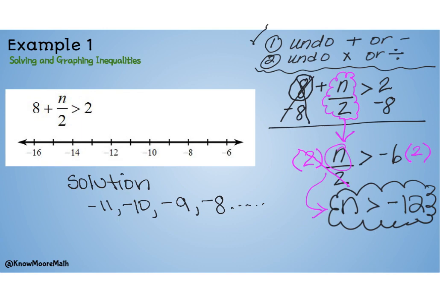So I'm going to go ahead and locate my negative 12. And recall that since it's n is greater than, we don't have an equal sign underneath that. And negative 12 is not included in the solution set, so I'm going to use an open circle. Then I am going to shade that part.